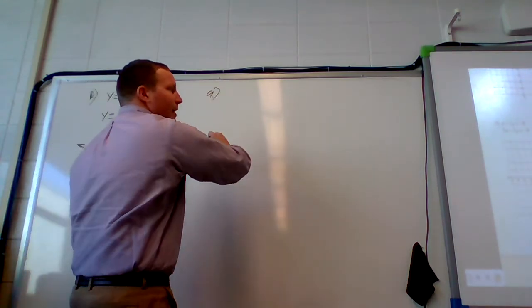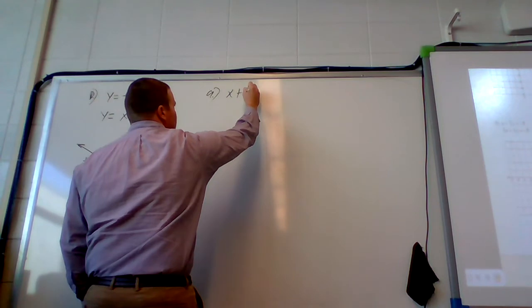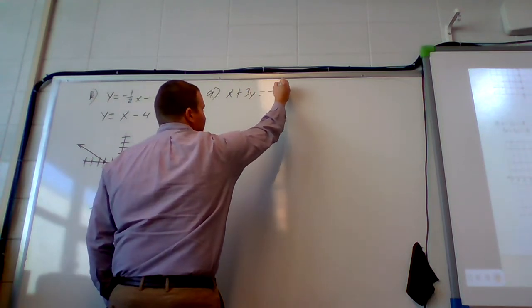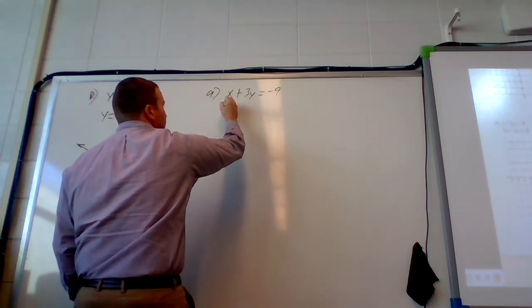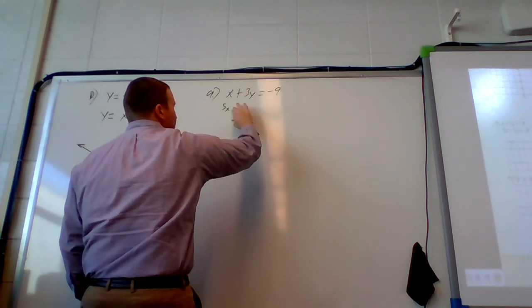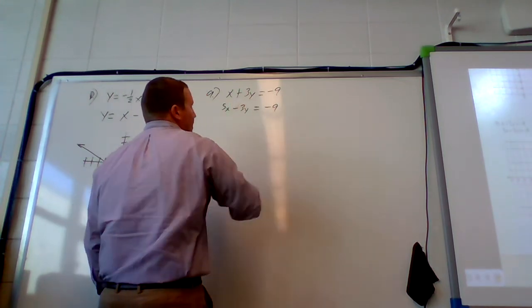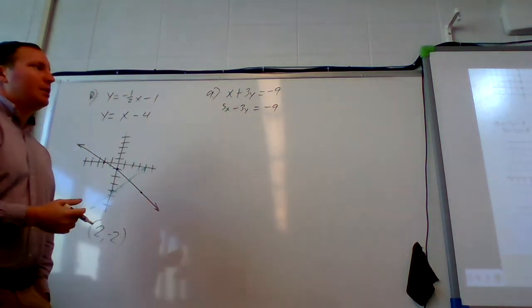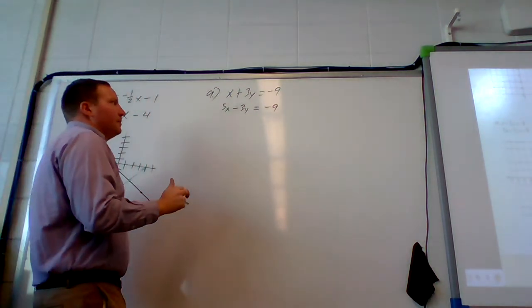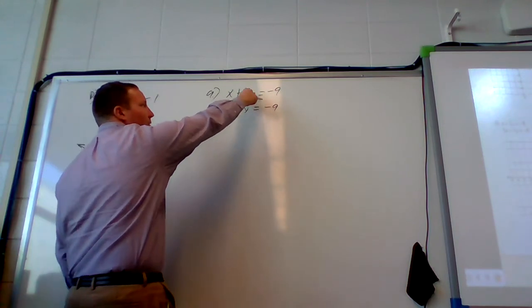So number 9, we've got x plus 3y equals -9 and 5x minus 3y equals -9. So first thing we need to do is rewrite these into slope-intercept form. In order to do that, we have to solve for y.